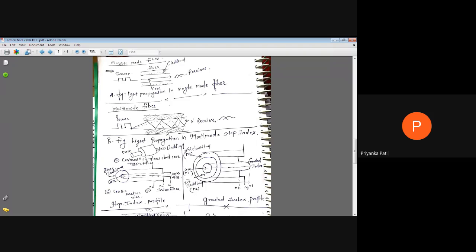Each mode has its own group velocity. Whenever we use multimode, every mode has its own velocity and follows its own path for traveling the information from transmitter to receiver.